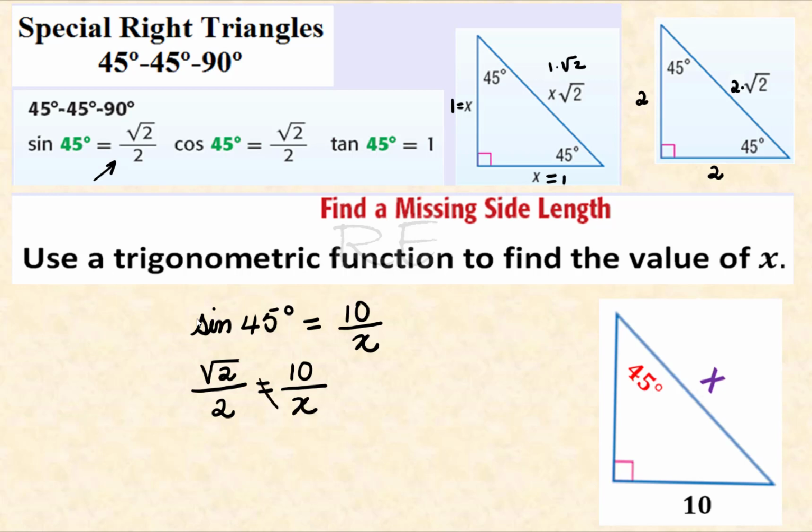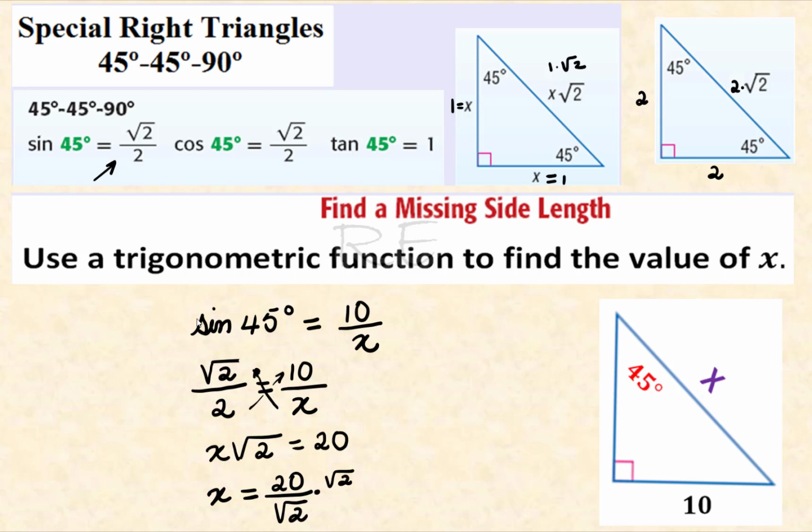When we cross multiply, we get x square root of 2 equal to 20, 2 times 10. And x is equal to 20 divided by square root of 2.